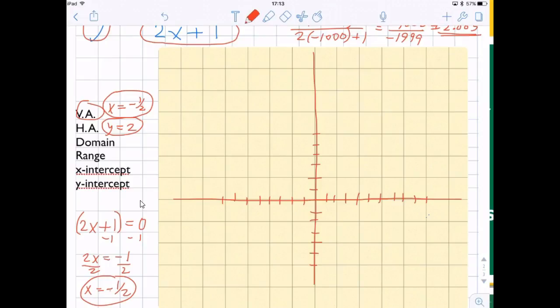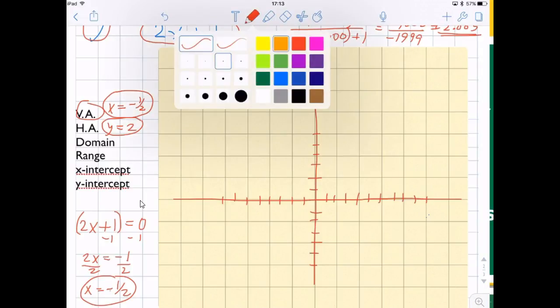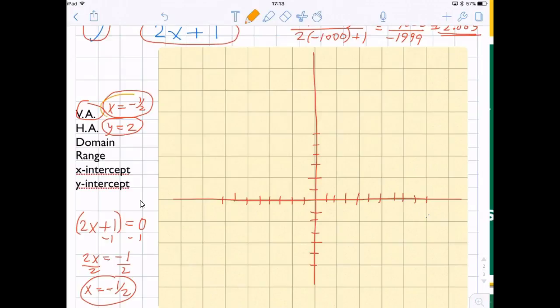Okay, so first I'm going to draw the vertical line, vertical asymptote x equals negative 1/2. X equals negative 1/2 would be, there's the x value, that's negative 1/2, and I'm going to draw a dotted line in orange to represent x equals negative 1/2. Okay? All right.